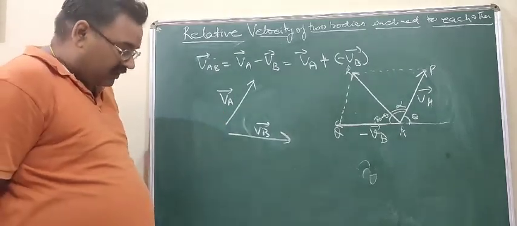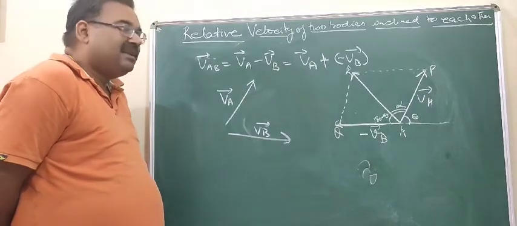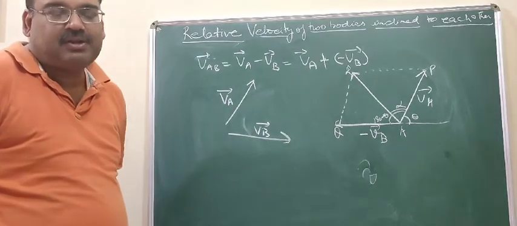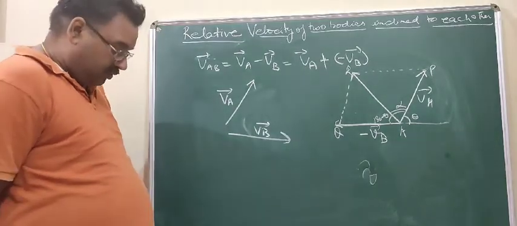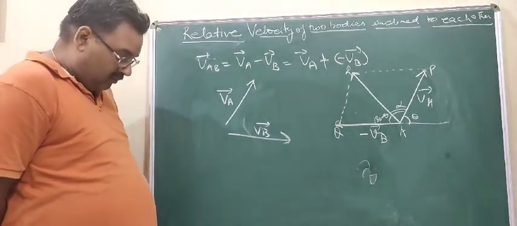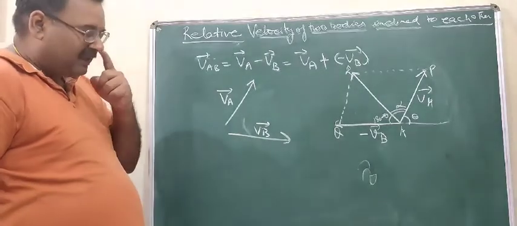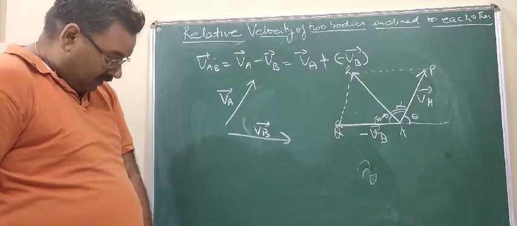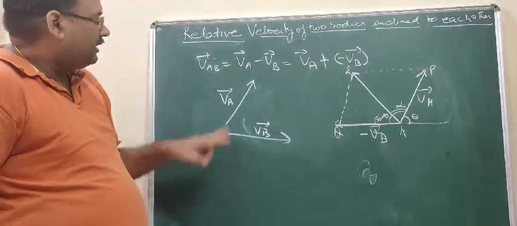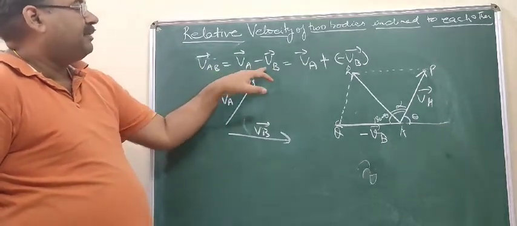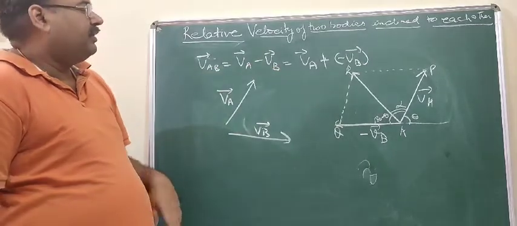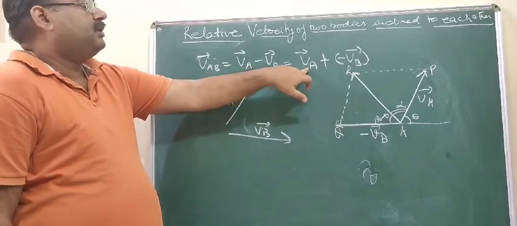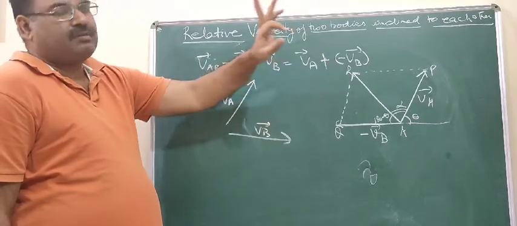To find the relative velocity of the two bodies that are inclined to each other, we use the parallelogram law of addition of vectors. We know that relative velocity is given by the formula VA minus VV. So we will use the law of parallelogram and we will add up these two, VA plus minus of VV.